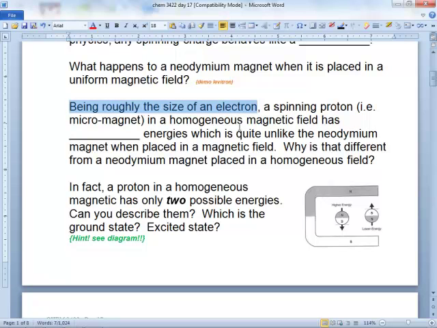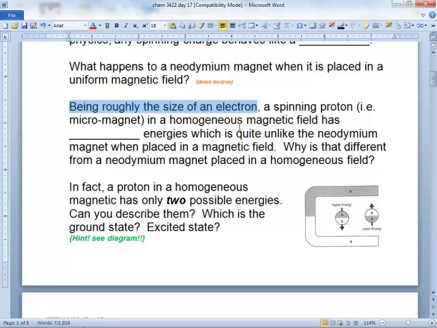You have this guy sitting here spinning, or floating, and I could spin it any speed I want. But it's not the size of an electron. It's the size of a big neodymium magnet. Something the size of an electron has what energies? Quantized. Quantized energies. So electron, microscopic, quantized energies. That's quite unlike the neodymium magnet.